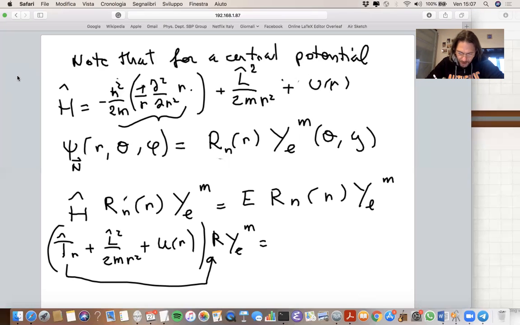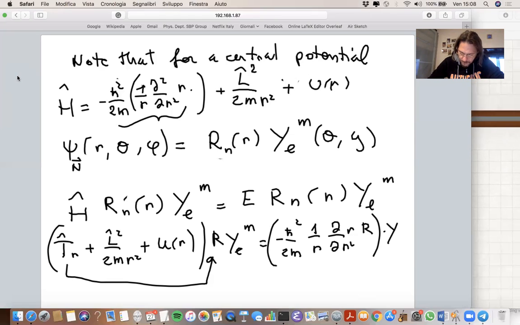So basically what I get is minus h bar squared over 2m, 1 over r, d by dr squared, r times r times Y. And now let's continue.